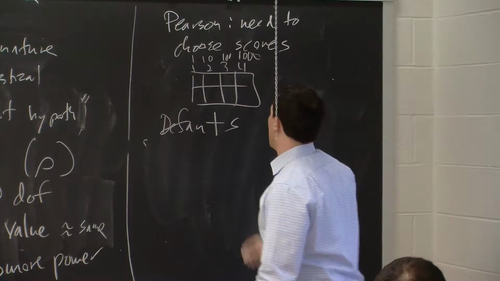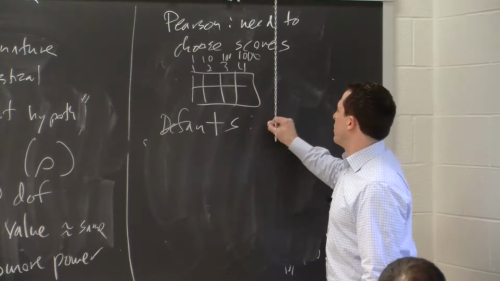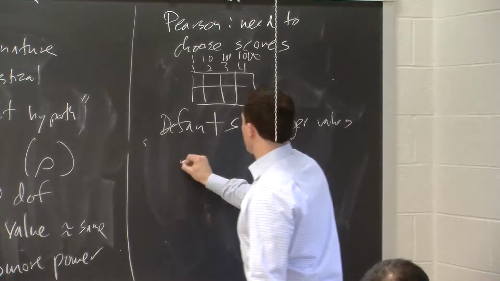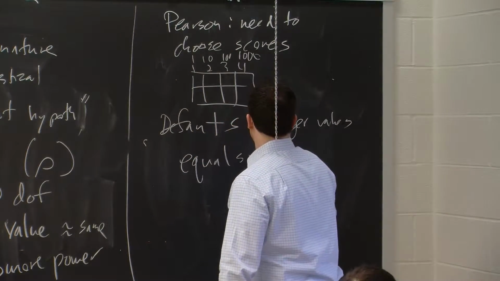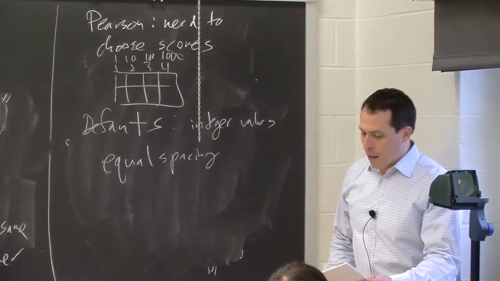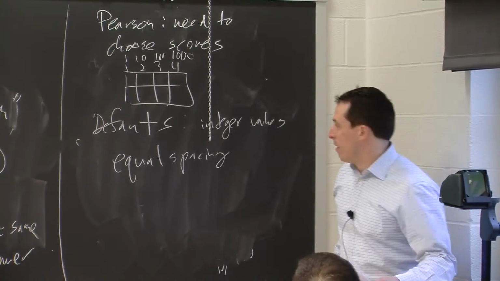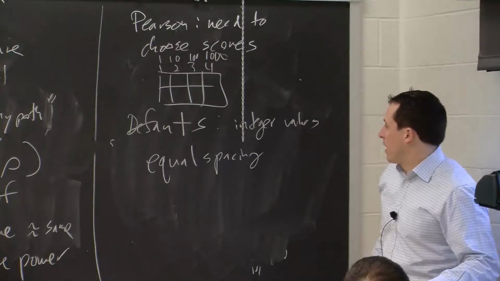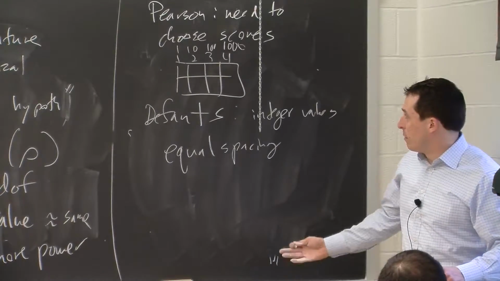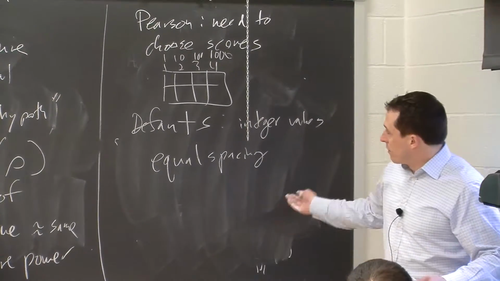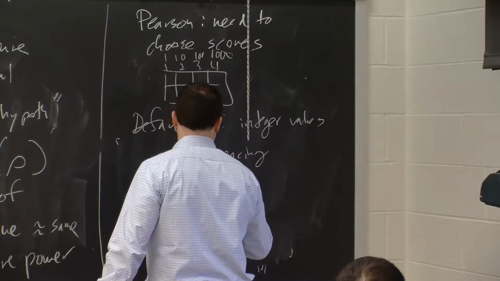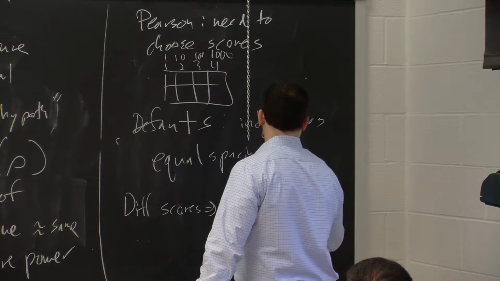The defaults in R and SAS are just to use integer values, so essentially to do Spearman. It's also called equal spacing. So it will just use 1, 2, 3, 4, or 0, 1, 2, 3, if you don't tell it anything else. And there's a function, as we talked about, I think, on the first day with the R notebook, to assign these numbers. So if you have particular numbers that you would like to assign, you can do that. And of course, different choices will give different Pearson coefficients.